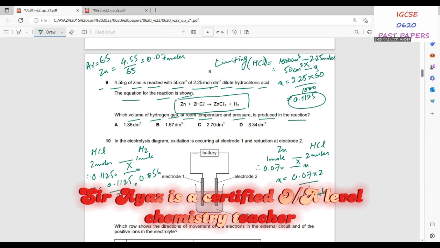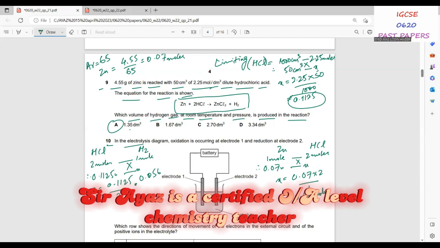These are the moles of hydrogen. We will multiply this by 24. 0.056 multiplied by 24. Answer is 1.344, which means 1.35. A will be the right answer for this question.